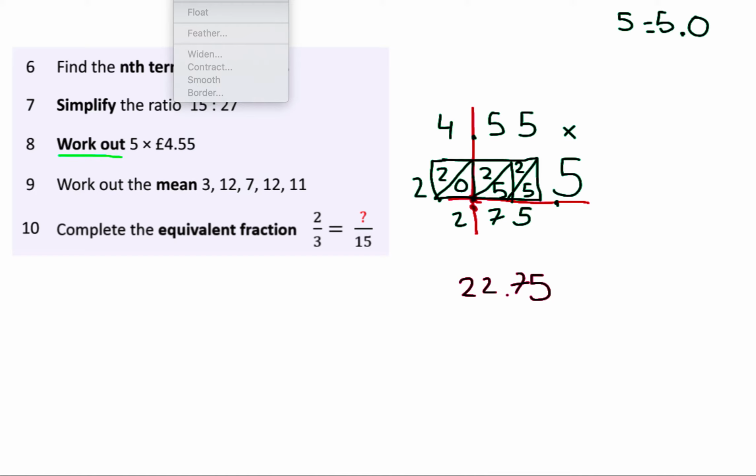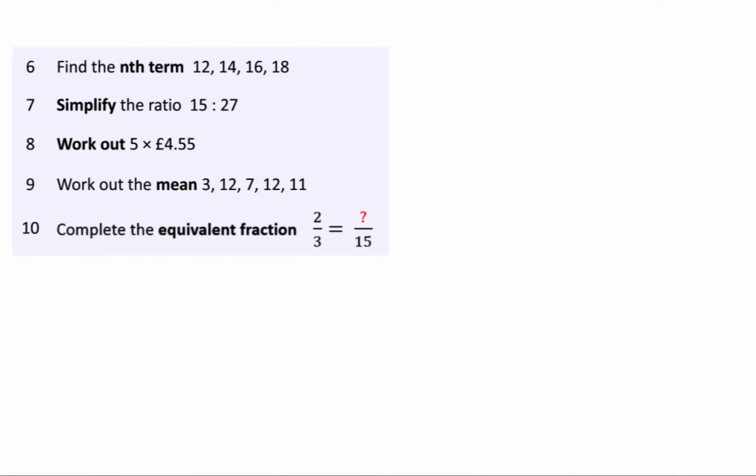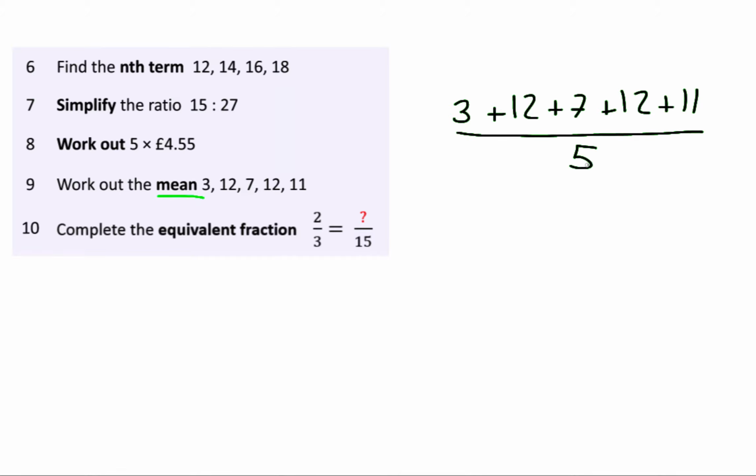Perfect. Question number 9. It says work out the mean. Okay, the mean, to work out the mean of these numbers, we have to add them up and divide it by how many numbers there are. In this case, there are 1, 2, 3, 4, 5. So let's add them up. 3 plus 12 plus 7 plus 12 plus 11 divided by 5, because we've got 5 numbers.